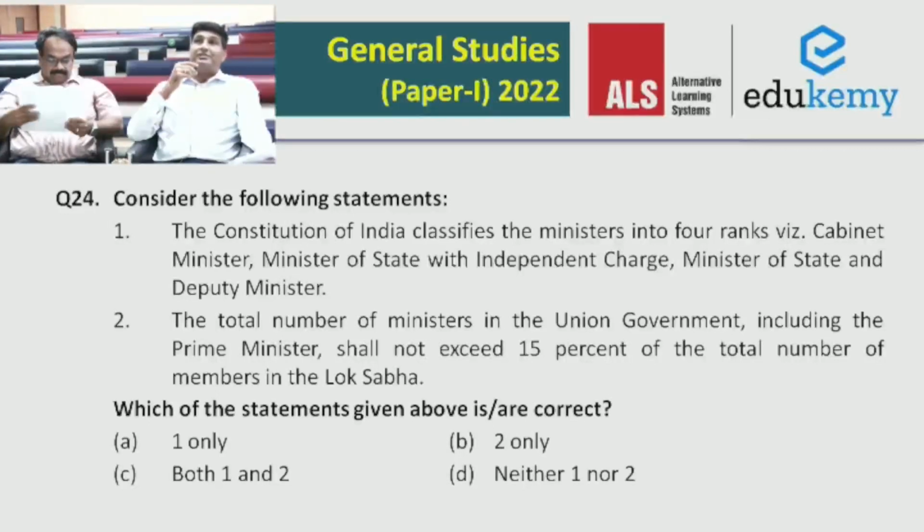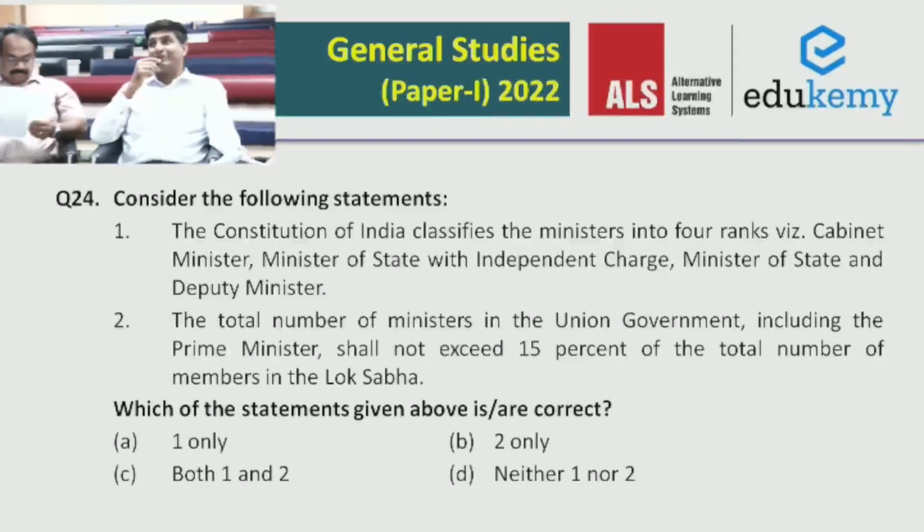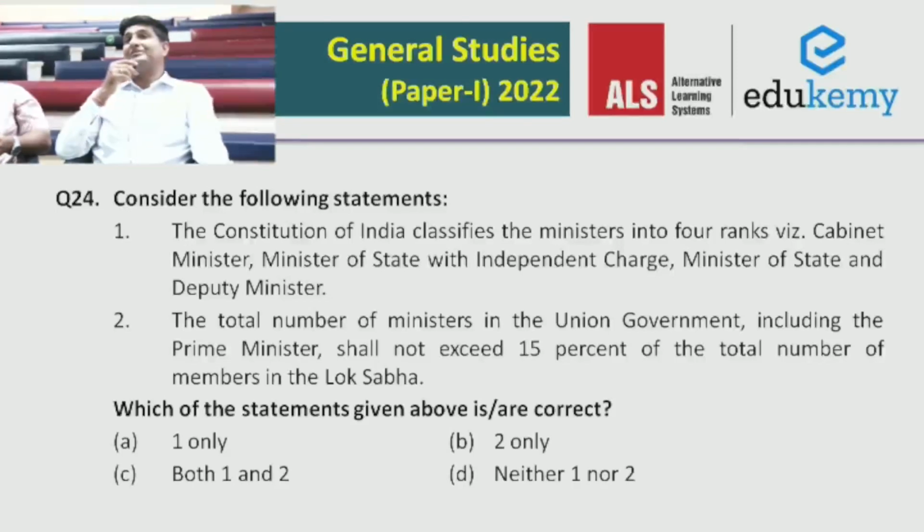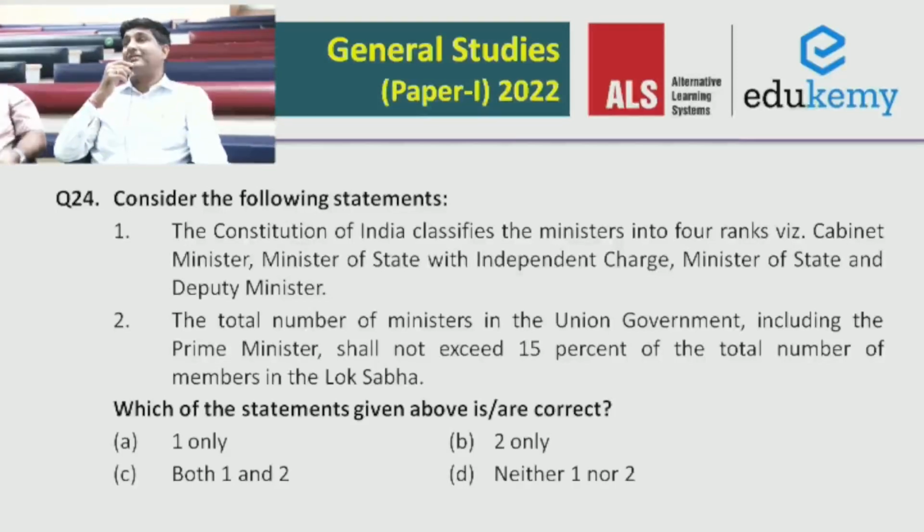Okay. Consider the following. This is an interesting question. The first statement says that the Constitution of India classifies ministers into 4 ranks: cabinet minister, minister of state with independent charge, minister of state, and deputy minister. This classification is not in the scheme of the Constitution. In the Constitution, you will find cabinet minister and minister of state, but there is no mention of minister of state with independent charge.